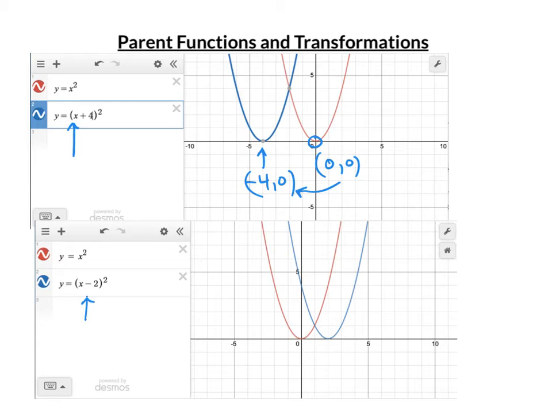So here's my original graph. 0 squared is 0. What value do you plug in for x to make 0? 2, because 2 minus 2 squared ends up being 0. So 0, 0 ends up moving to 2, 0. It actually went 2 to the right.